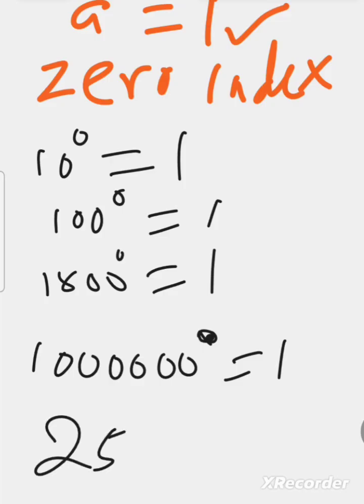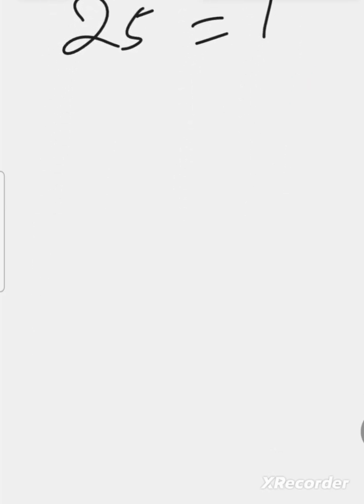Even 25 to power 0 will be equal to 1. In simple terms, any number to power 0, the answer is 1.